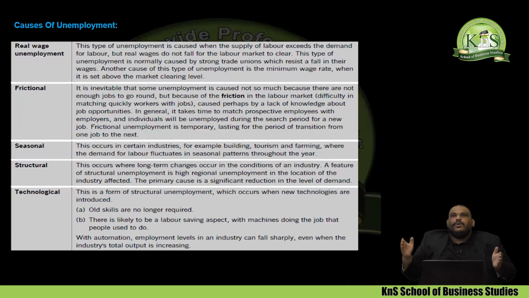The government and the economy are transitioning towards the more profitable tertiary sector: banking, insurance, accounting, lawyer firms, doctors, all that sort of stuff. So many people in the agricultural sector and the manufacturing sector are going to be unemployed because of this shift in policies. That causes structural unemployment, and it's often quite serious.